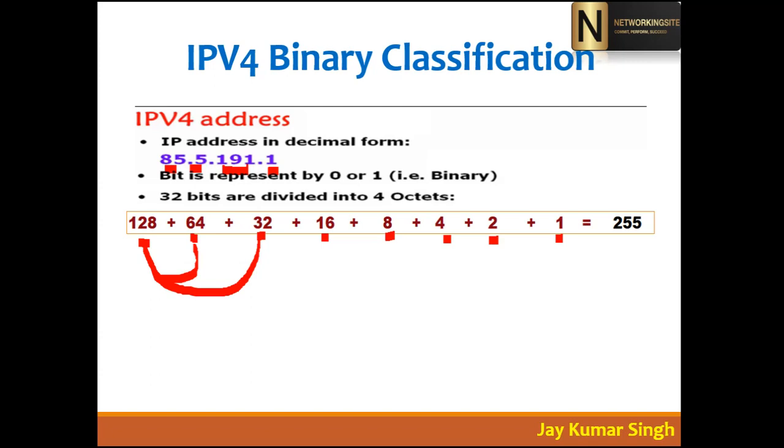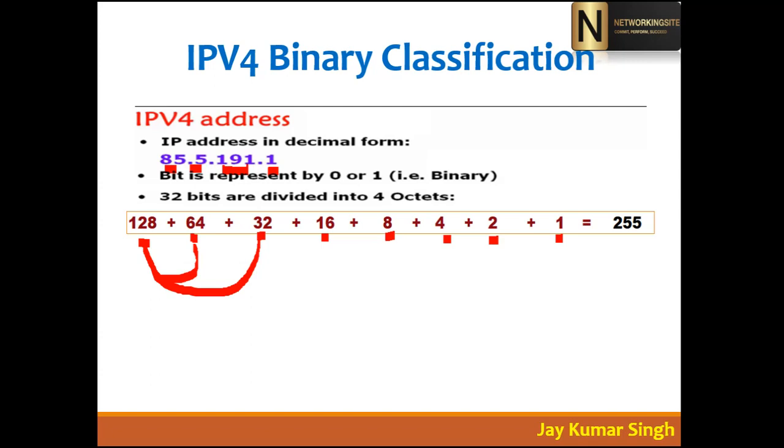Now suppose this is your IP address, 85.5.191.1. What will be the address in binary language? Let's calculate 85, which is the number given to you.